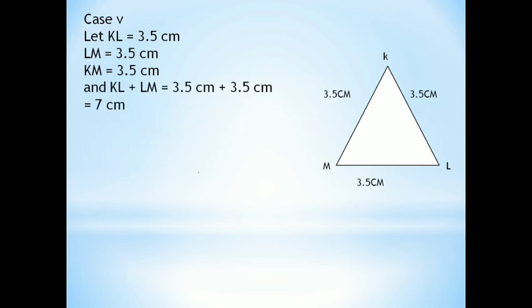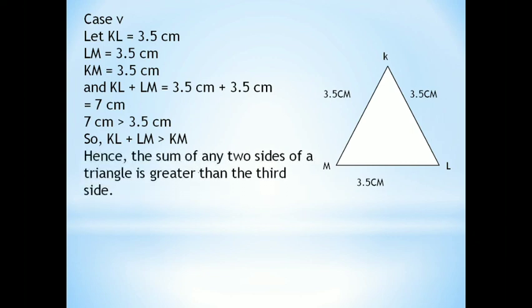By adding KL plus LM, that is 3.5 plus 3.5, we get 7 centimeter. So 7 centimeter is greater than 3.5 centimeter. So KL plus LM is greater than KM. So the sum of any two sides of a triangle is greater than the third side.